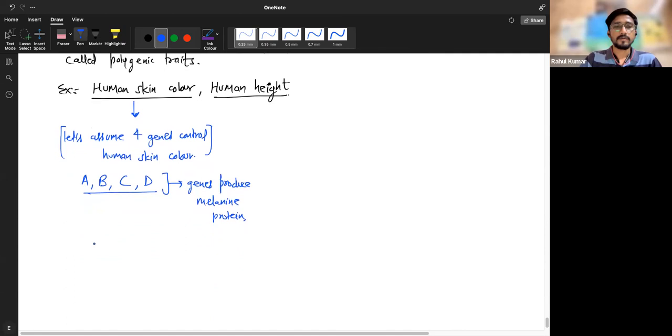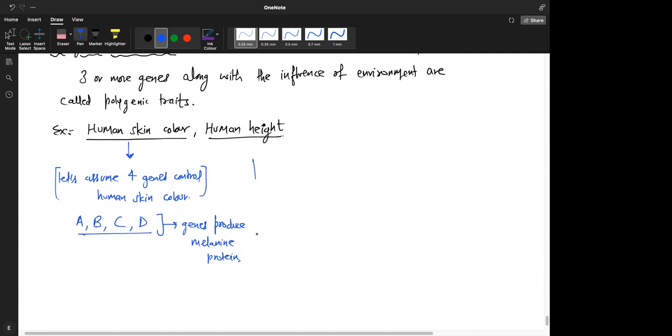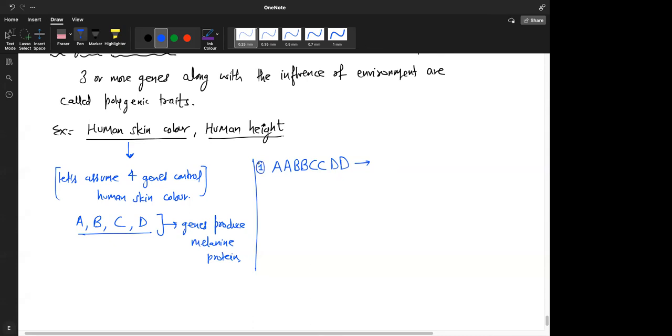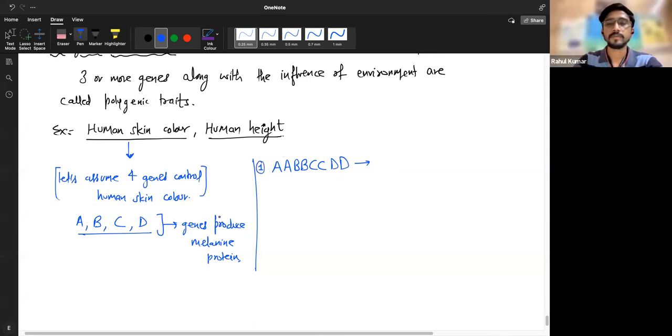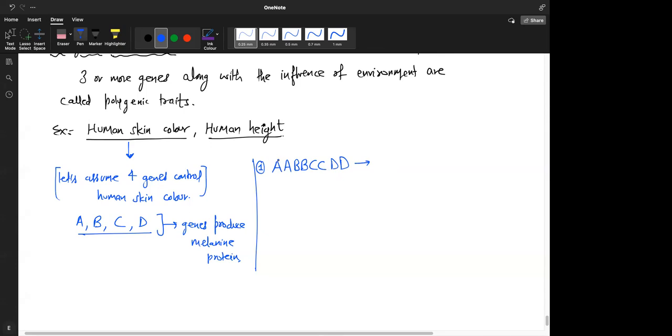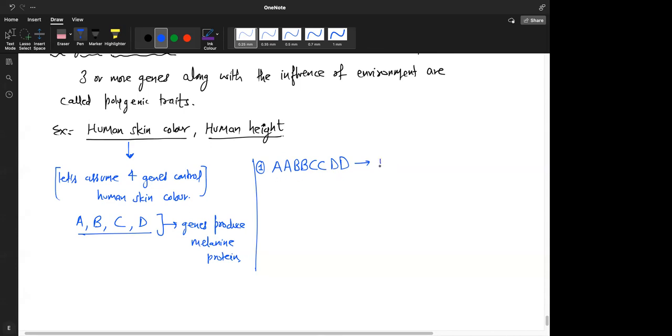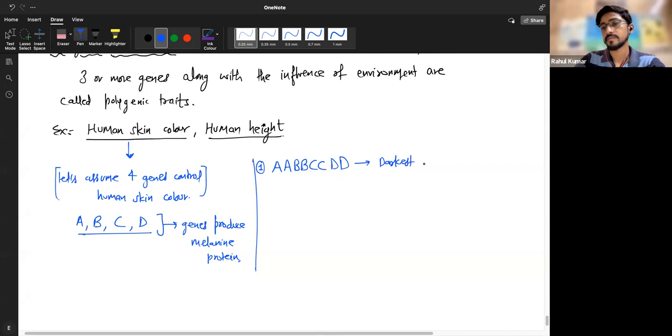So if we see this combination, which is homozygous dominant for all the genes at all the locations, then will it be the darkest skin or the lightest skin? Darkest. Why? All are dominant, all are homozygous, so all will produce lots of melanin. Simple. So this will be the darkest shade.